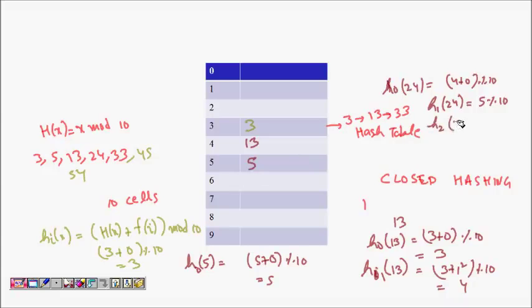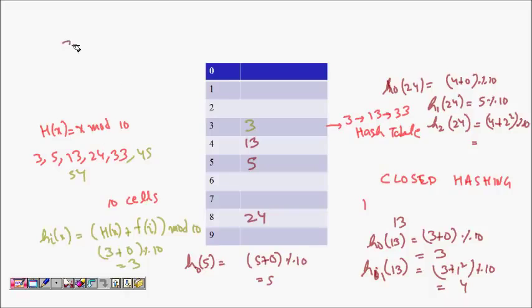So h2 of 24 is 4 plus 2 square mod 10, so 4 plus 4, 8 mod 10. So 24 will come here.